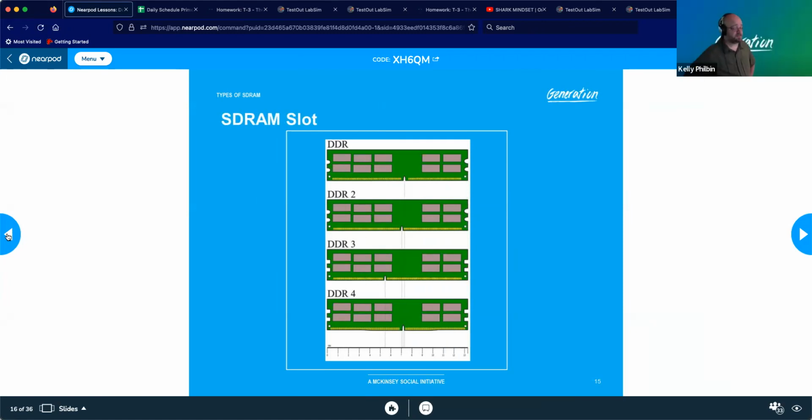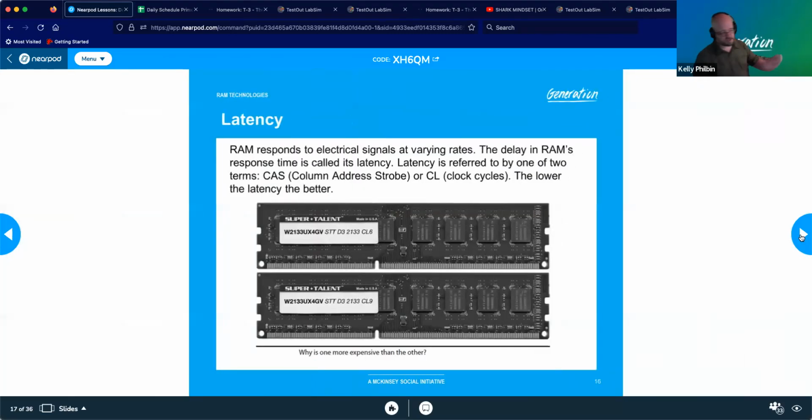Yes, but they would need to be the same PC speed rating and latency. So they would need to be identical types of RAM. Okay. So yes, you are correct. Okay, thank you. So they need to be identical capacity and everything. So across the board, they need to be the same. Right, okay.